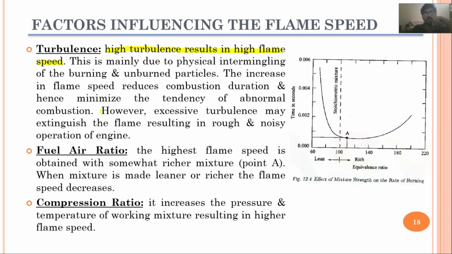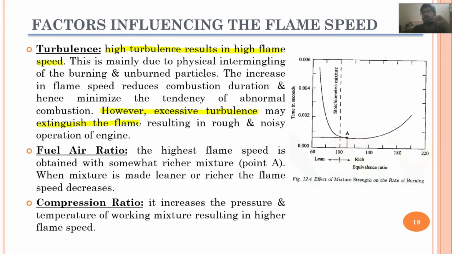However, another factor which needs to be understood is how much turbulence is required. For example, if we have a very high turbulence, then it will not help in developing the flame, rather it will extinguish the flame and will produce a rough and noisy operation as well.